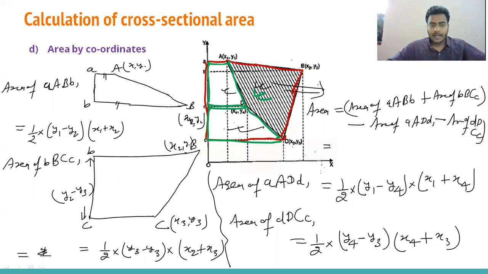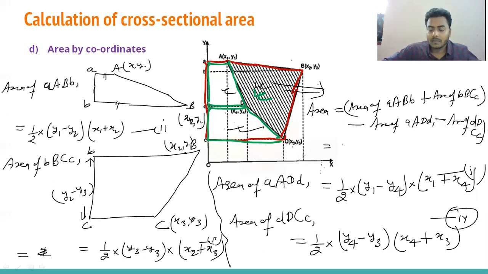Okay, so by doing that, for every expression we have, say this is equation 1, this is 2, this is 3, this is 4. So what we are doing is adding equation 1 plus equation 2, then deducting equation 3 and equation 4.